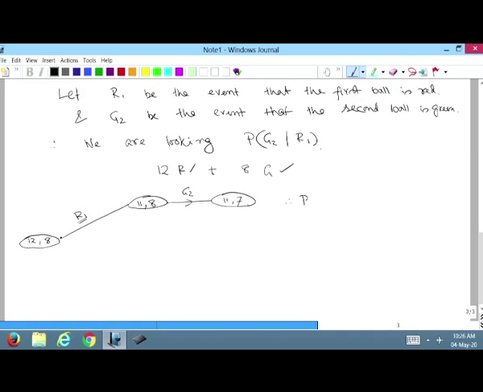Therefore, probability of G2 given R1 is equal to choosing one of the green balls out of the total of 19 balls. Therefore, it is going to be 8 upon 19.